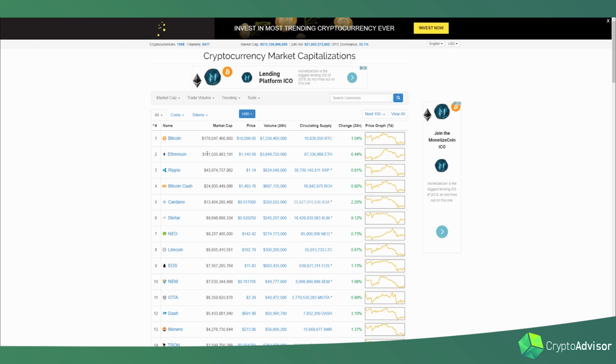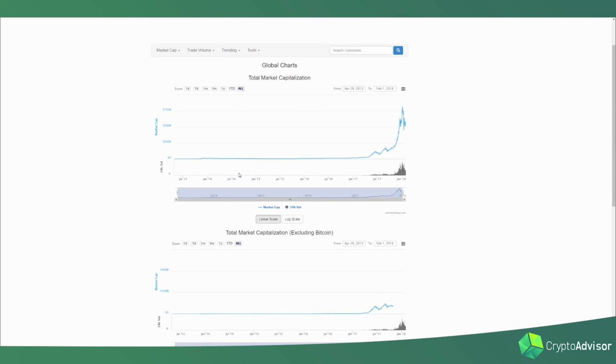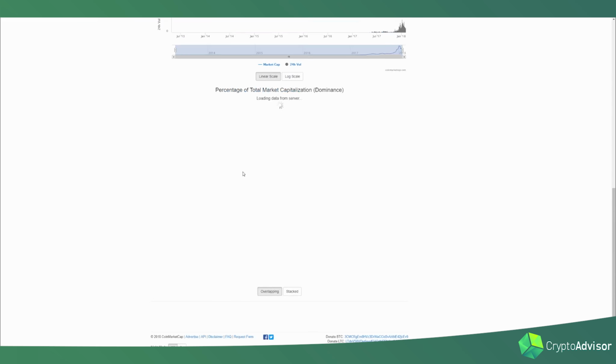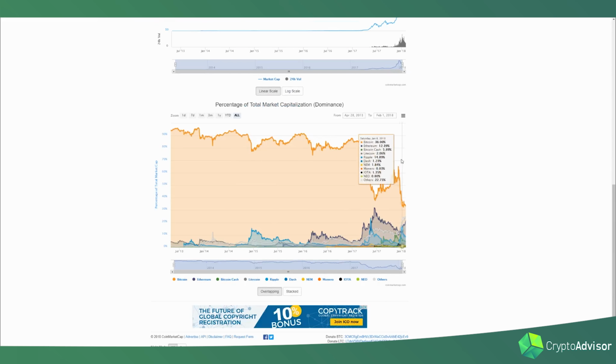Now, that would be the closest it has ever gotten to surpassing Bitcoin. And if we do look at it right now, we actually do see that Ethereum is already quite close to surpassing Bitcoin in its dominance, and it is lower than it was before.